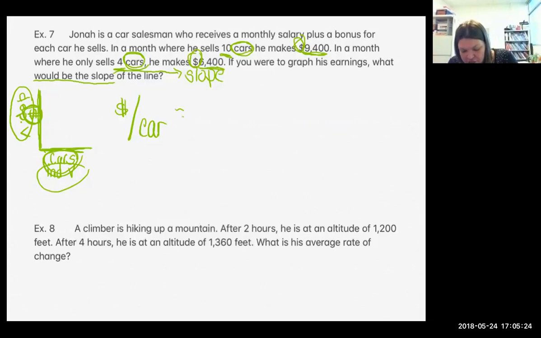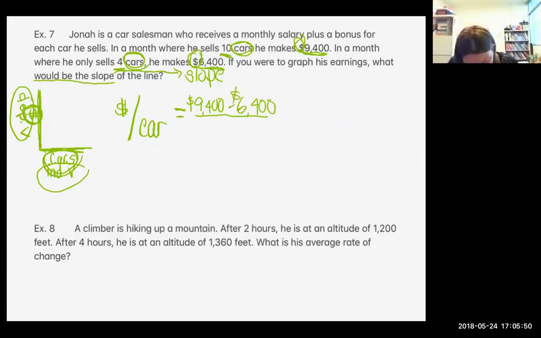So let's figure this out. We're going to need the change in his dollars over the change in his cars. So let's look at the change in his dollars, okay? Well, if he had $9,400 sometimes, but then other times he has $6,400, I could just do change in dollars that way, subtracting that way.